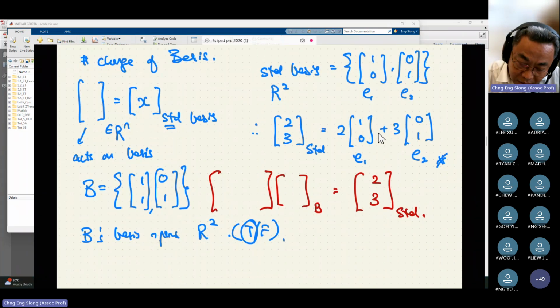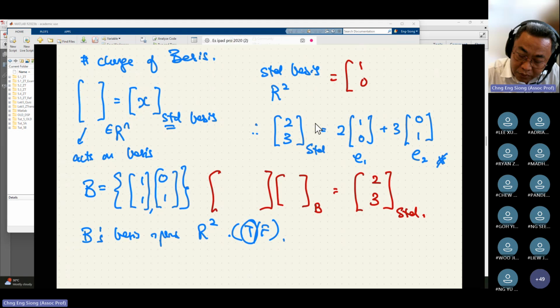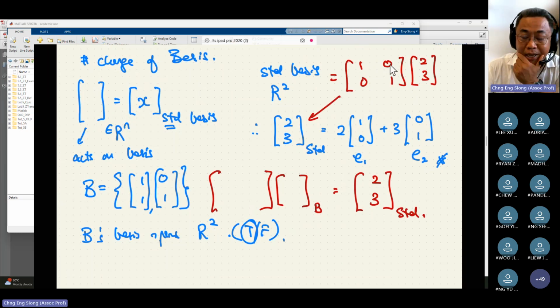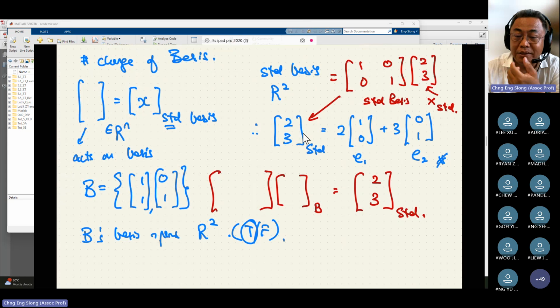Okay, I better erase so that you can see what I am trying to tell you. 2, 3 is actually 1, 0, 0, 1 multiplied by 2, 3. I'm using the standard basis here. I'm using the x in the standard basis to give you the number that I'm expecting. And then you say this is nonsense because this is identity, right? It must be the same.